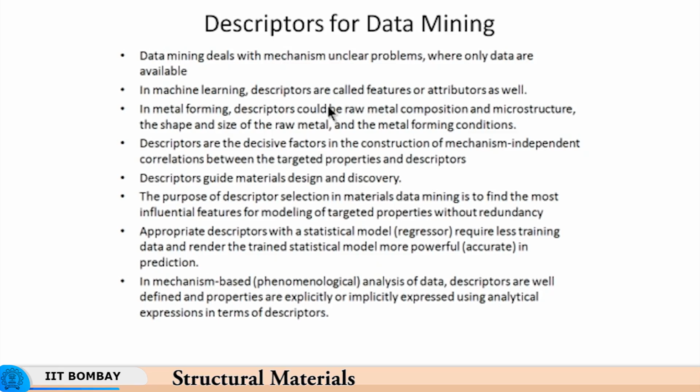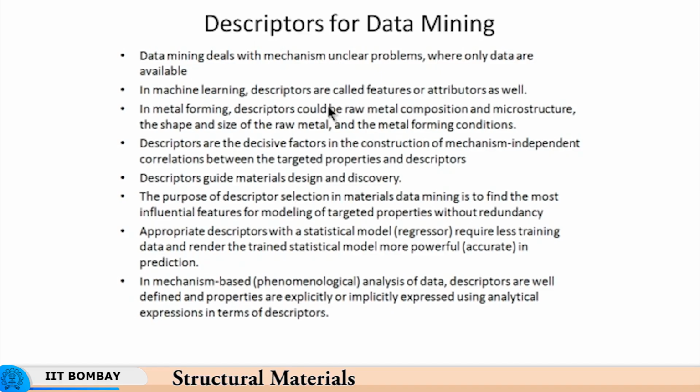And so these descriptors guide material design and discovery. So I can say that okay, if I combine so many metals together, I get this kind of properties. So then basically I do data mining, I do the correlation between the descriptors which are essentially properties of these different 4 or 5 materials which I might choose, and then I correlate that with the targeted properties, right.